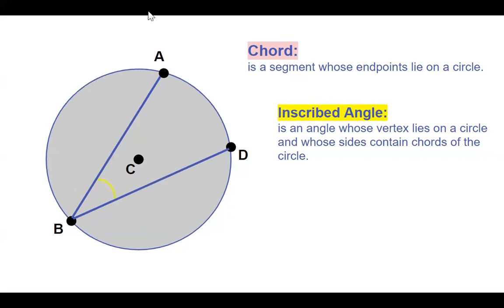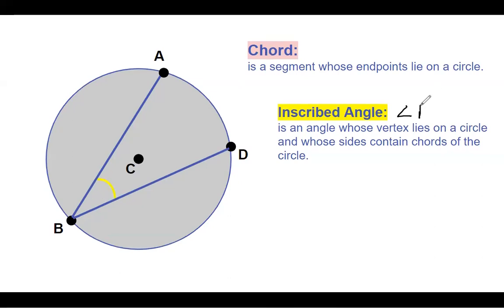Here's my angle, ABD. What's so special about this? The vertex lies on the circle. An inscribed angle has its vertex on the circle.